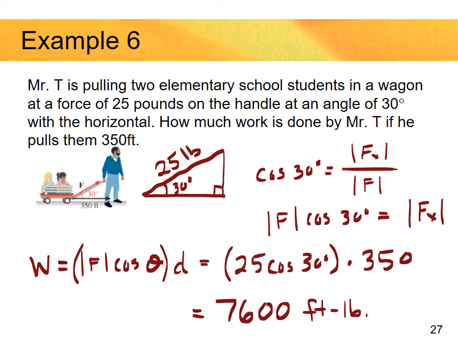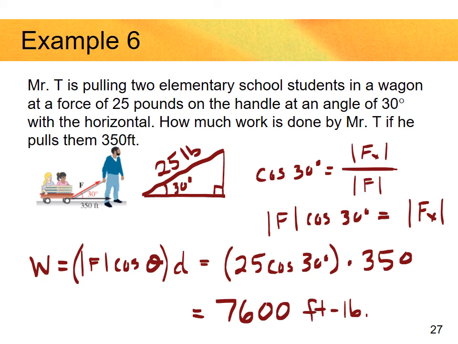I think we have all the components we need. So 25 is what we need to put in for the force that he's pulling the wagon with. Cosine of 30 degrees is the angle, and he does it for 350 feet. And that's it. He's tired after that. But the work that he's done, multiplying all that together using a calculator, go for it.